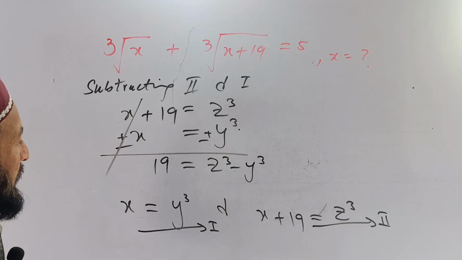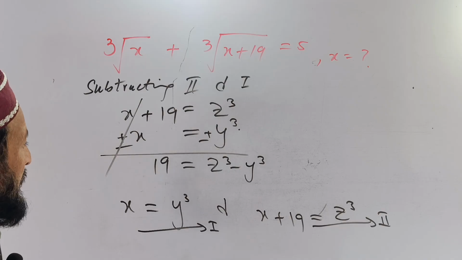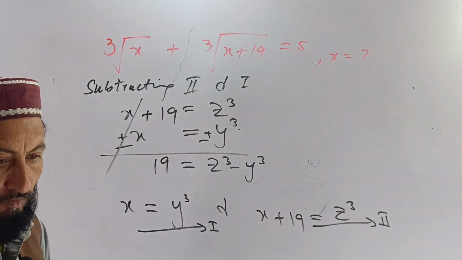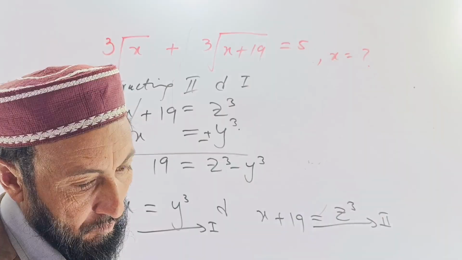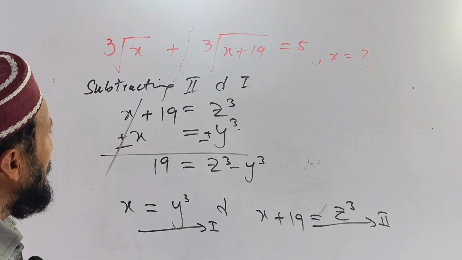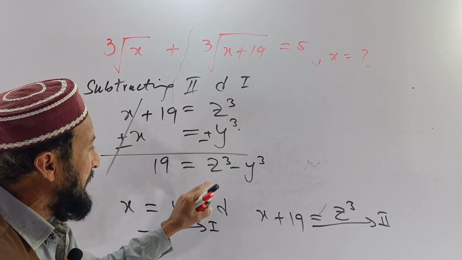Now further we can also substitute the result of z and y cube. If we change this result here, we get z cube minus y cube. Now we substitute the value of z.